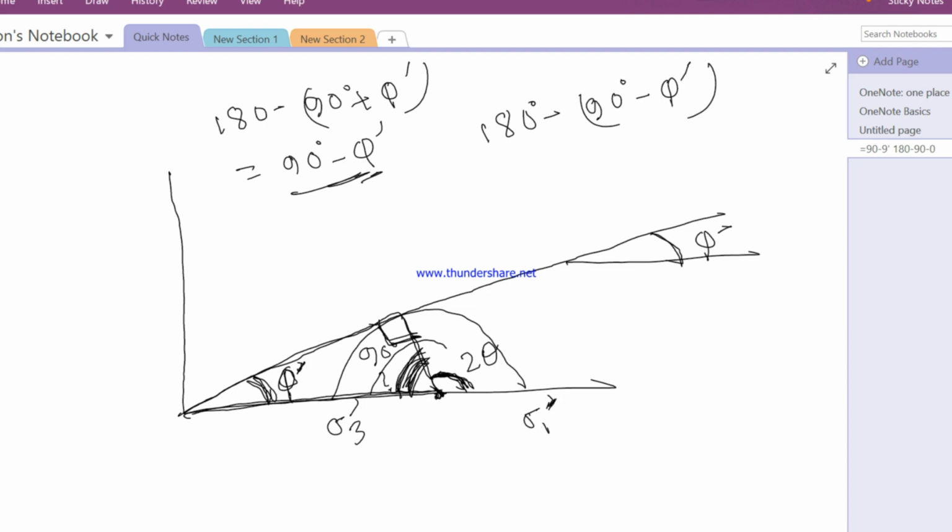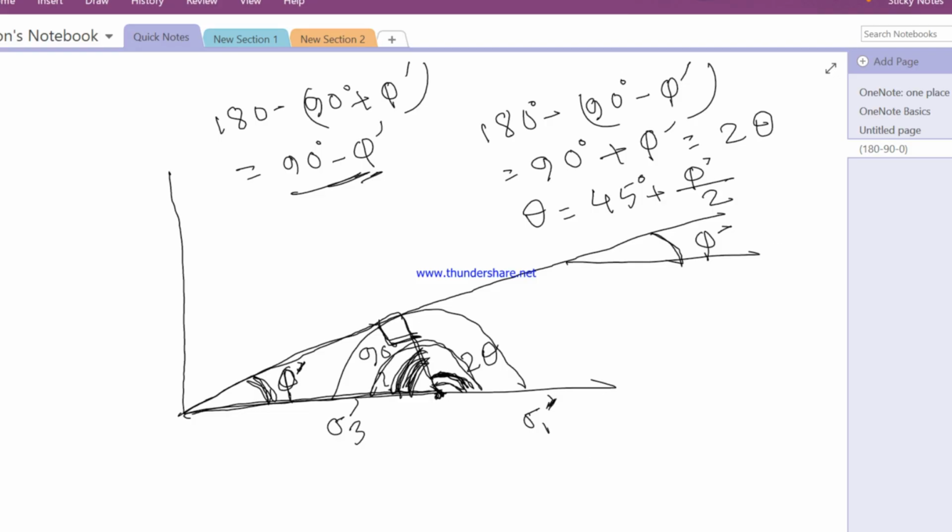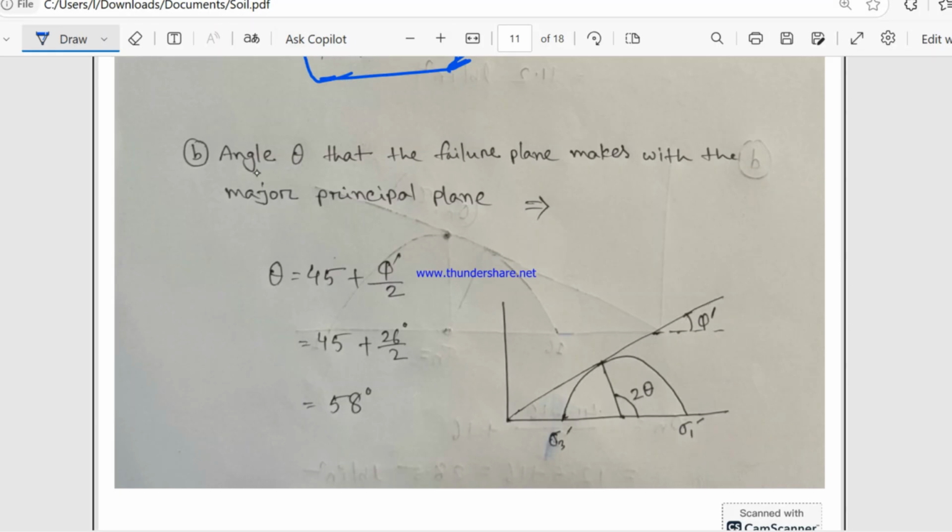The total angle is 180 degrees, so 180 degrees minus 90 degrees minus phi prime gives 90 degrees plus phi prime. So this is 2 theta, and theta will be 45 degrees plus phi prime divided by 2. So to find the angle theta, the formula is 45 degrees plus phi prime by 2, and theta will be 58 degrees.